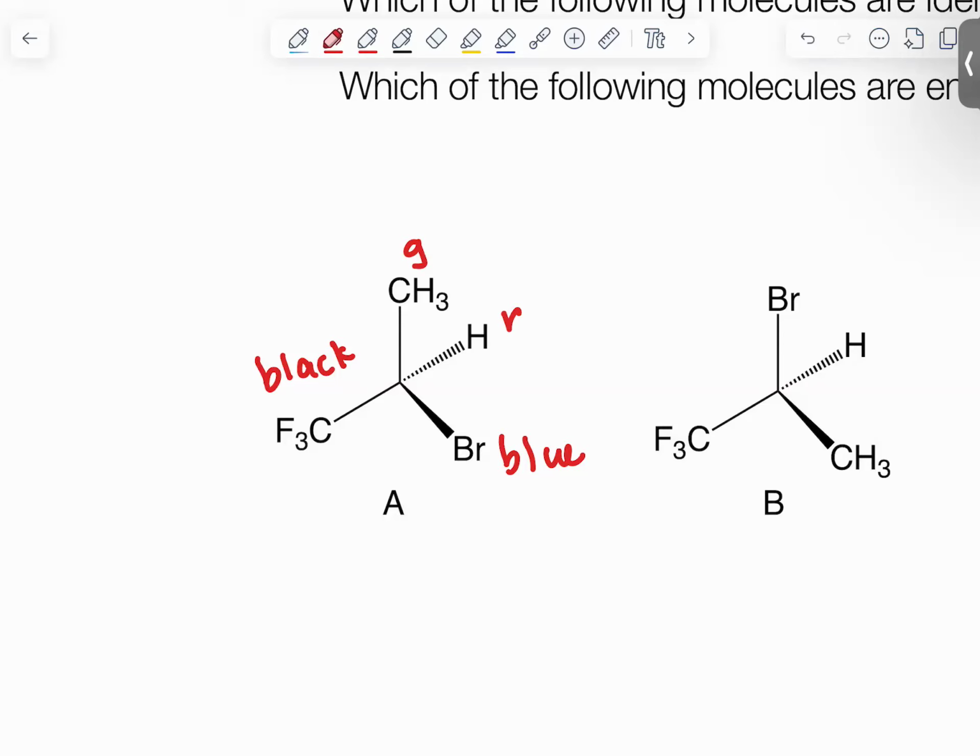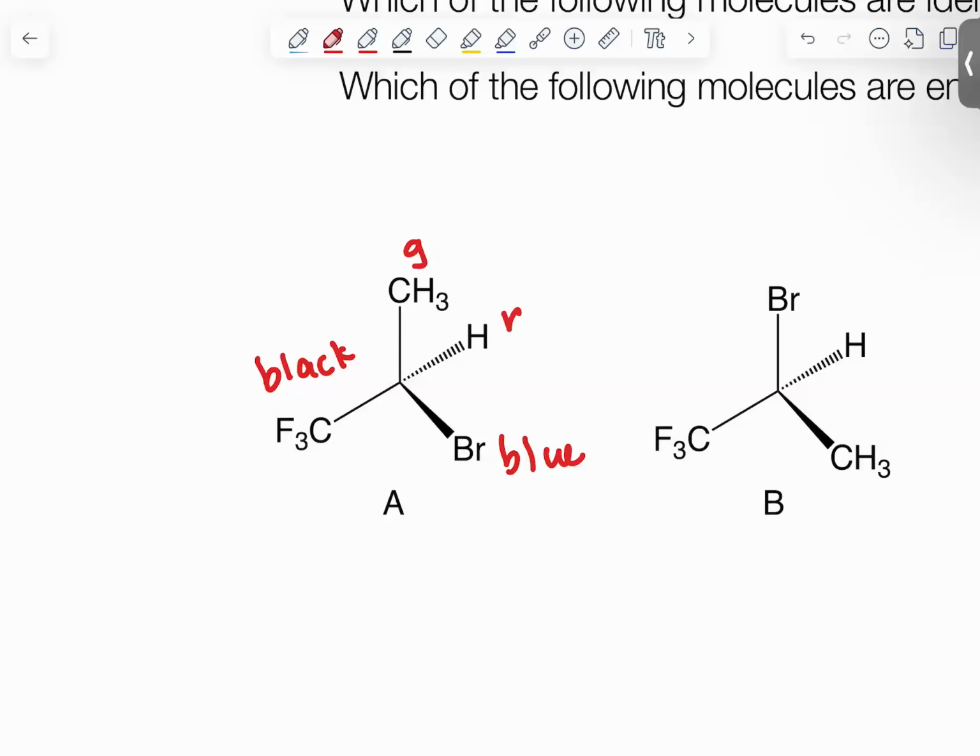And I have said that black and green are CH3 and CF3. So if I make this look exactly like it is up there, that's me. Black and green are in the plane. They're flat. And then we have red going backwards because hydrogen is going backwards, and blue for bromine is coming frontways.